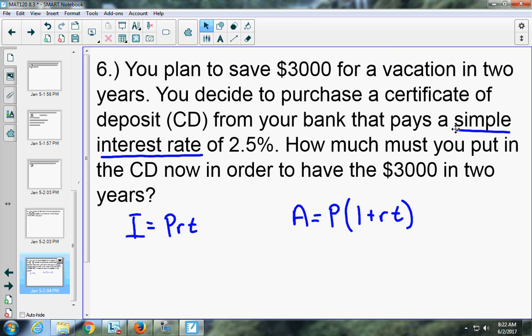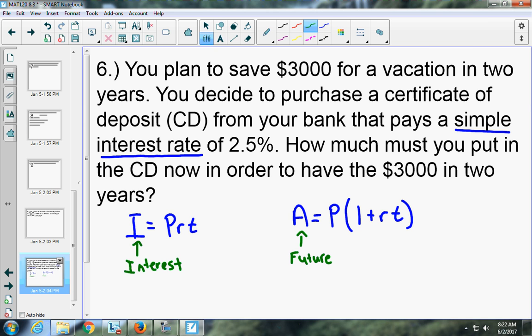Both of these equations have P for principal, R for rate, and T for time. In the first one, the I is the interest earned. In the second one, the A is the future amount.